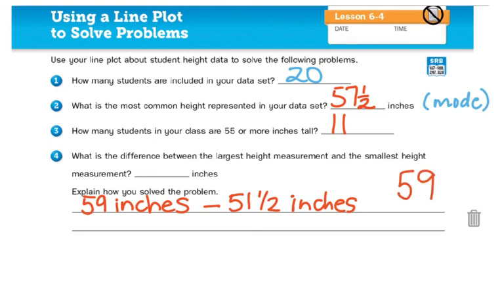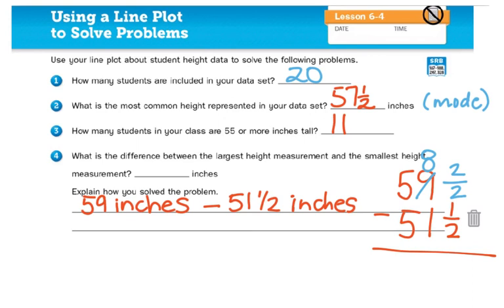So if I take 59 and subtract 51.5, I cannot subtract 1/2 from nothing. So I'm going to borrow from the 9 and make this an 8. Take that 1 inch and make it equal to 2 halves. Remember, when you have the top number and the bottom number the same, it equals 1 whole.